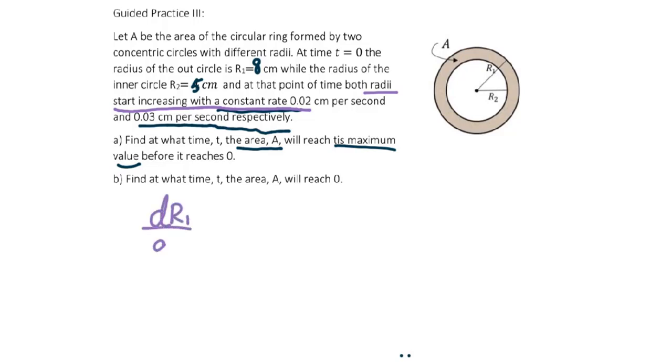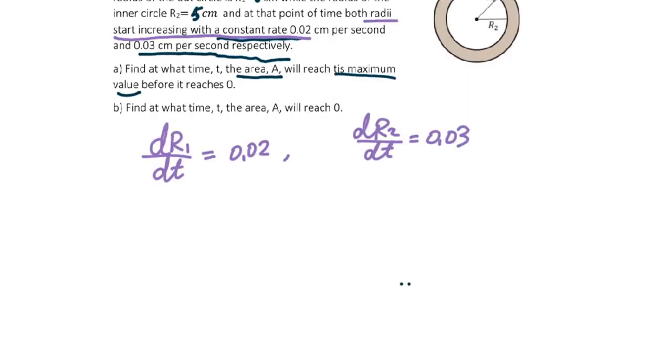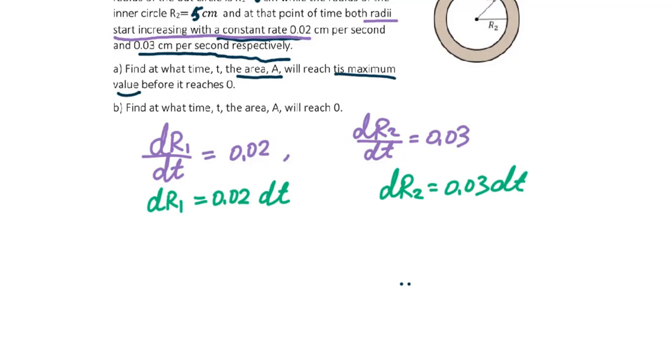According to the given information, they said the radii start increasing with a constant rate 0.02 and 0.03 centimeter per second, which means dr1 over dt equals 0.02, dr2 over dt equals 0.03. Solve these two differential equations. You will get dr1 equals 0.02 dt, dr2 equals 0.03 dt. Then we take the integral both sides.